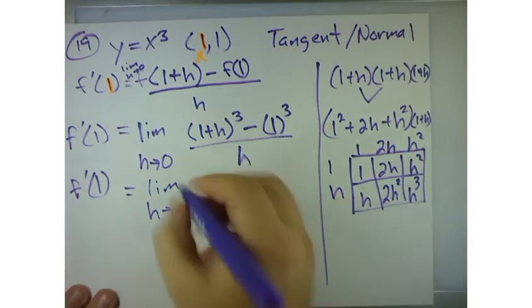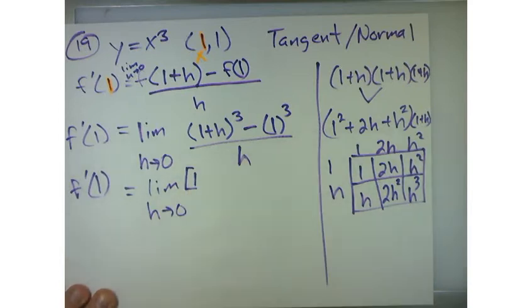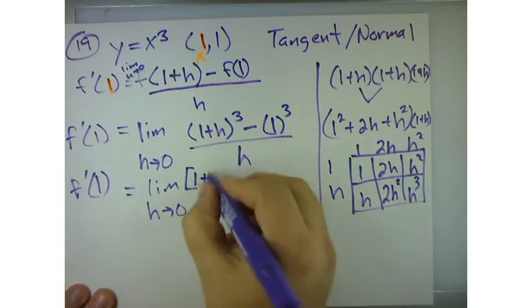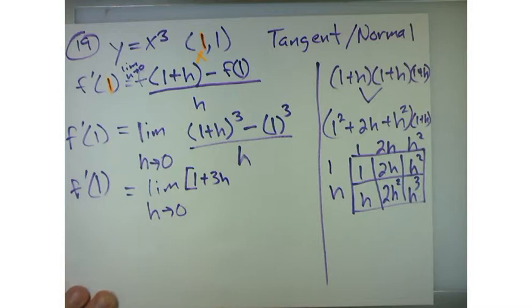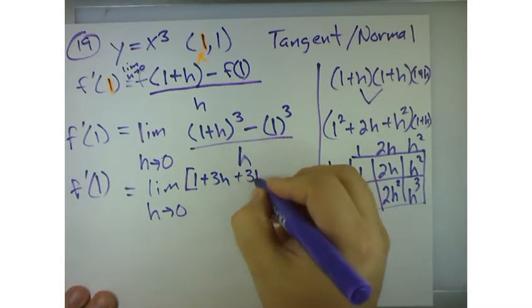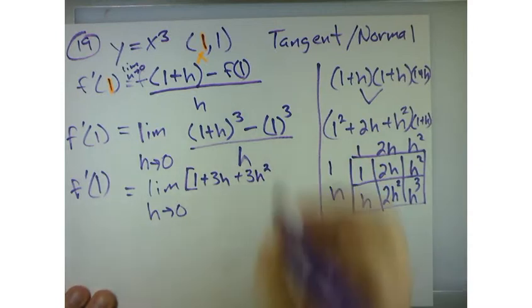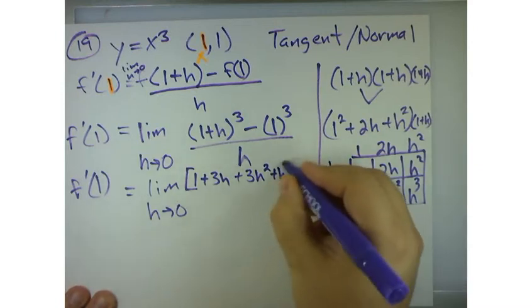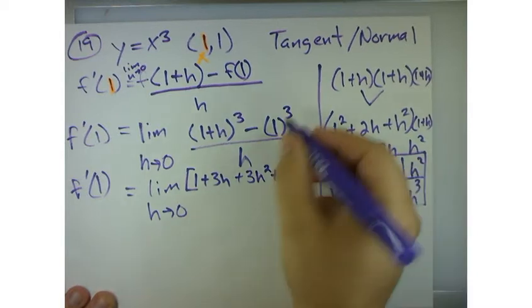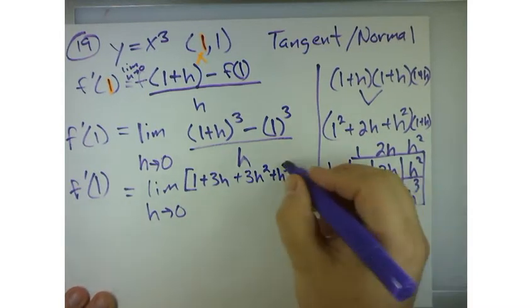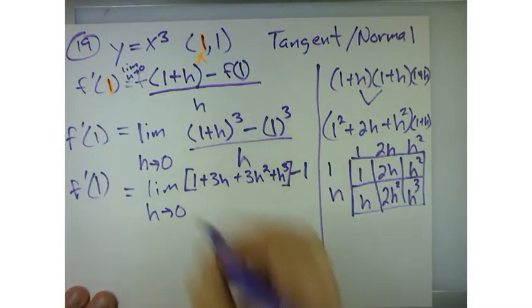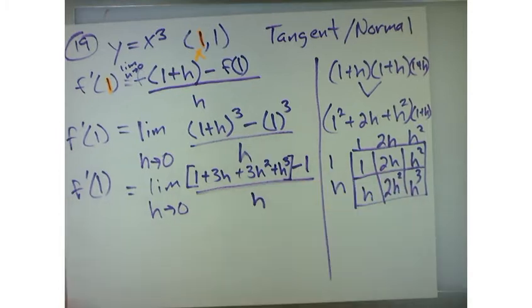So if I combine like terms, I get 1 plus 3h plus 3h squared plus h cubed minus, what's 1 cubed? 1. All over h. Well, at this point, we want to double check our work.